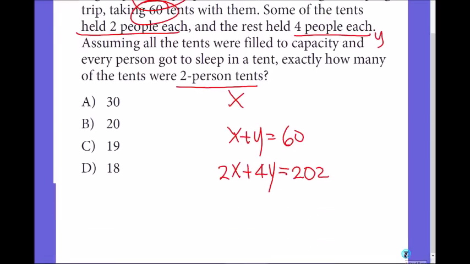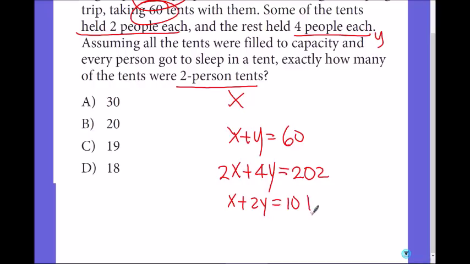So let's solve for X. Actually, let's divide these by 2. So this becomes X plus 2Y equals 101.